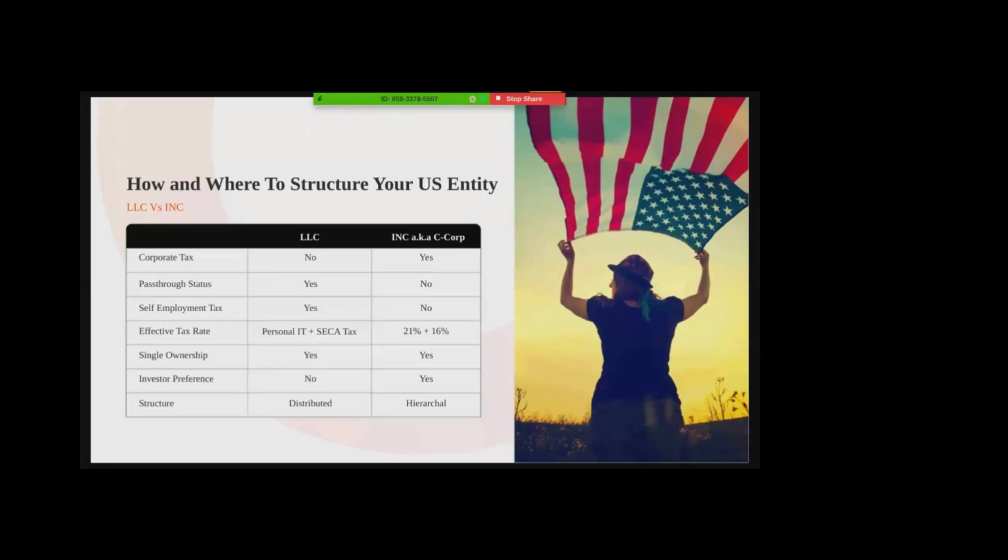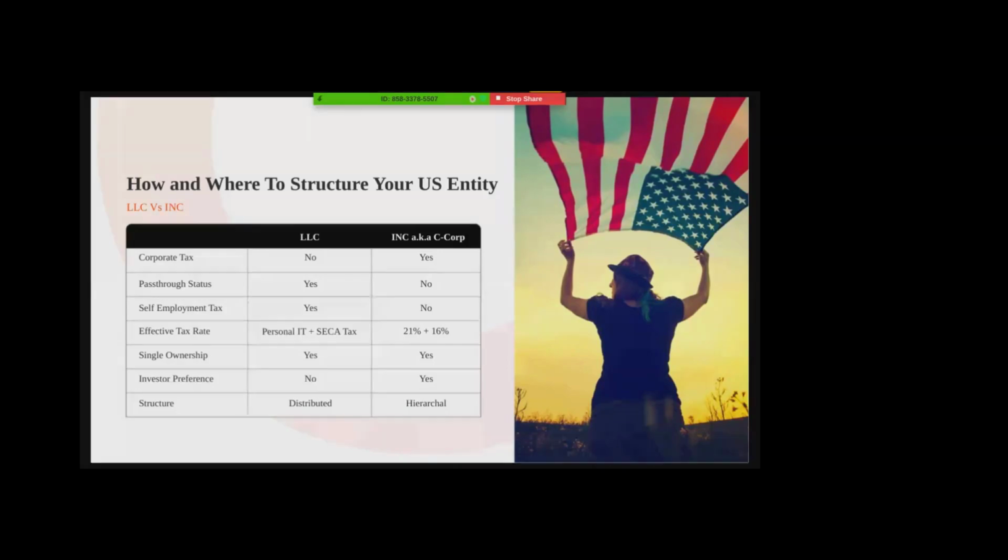For example, a person can just be a shareholder of the company without being a vice president or a director or a president of the company. So he doesn't have to participate in day-to-day management of the company. Whereas an LLC basically means that you are a member of the company and you are participating in the day-to-day affairs of the company.